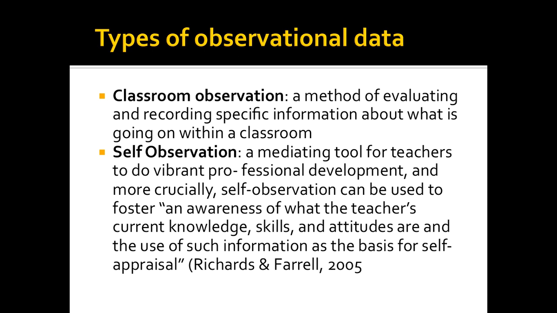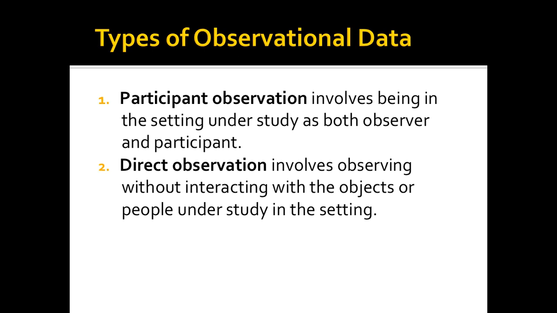The next one is self-observation, which means that you become the observer as well as the teacher, because a self-observational study means you reflect upon the way you teach your students. So which one is good? Both of them are okay. It depends on what you are going to observe.